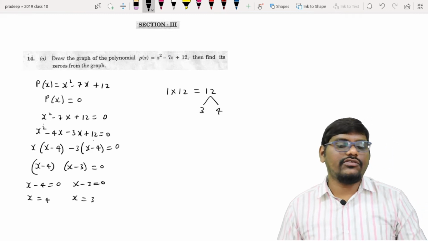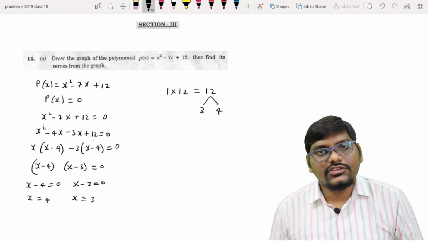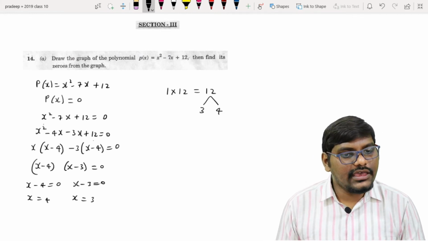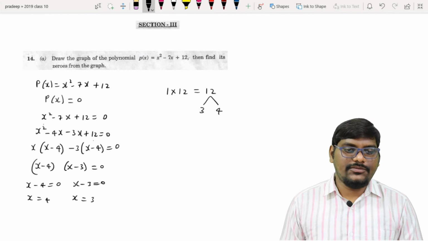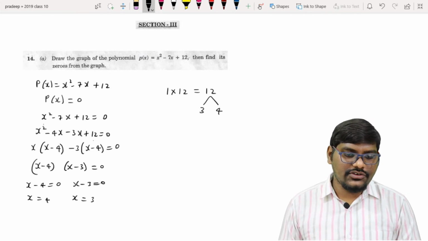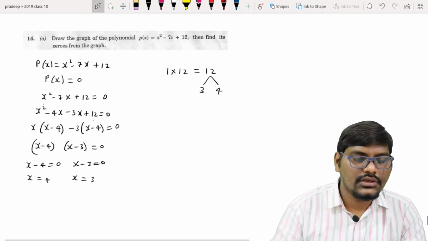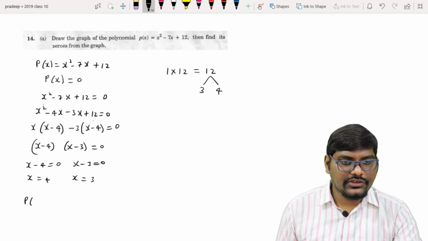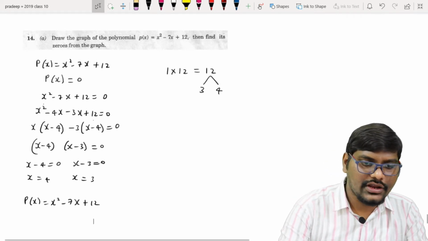So the graph which we do now, we'll draw the graph. Before drawing the graph itself, we know that the graph meets the x-axis at 4 and at 3. So let's go forward and try to draw the graph now. The given polynomial was p of x equal to x square minus 7x plus 12, right?